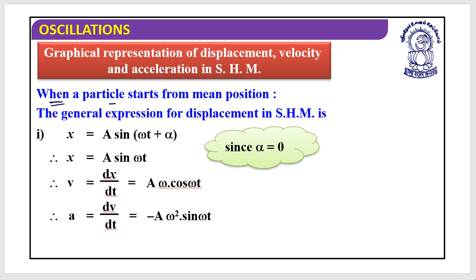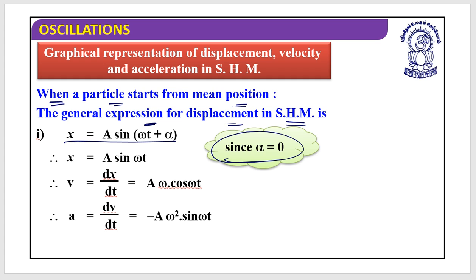When a particle starts its motion from the mean position, the general expression for the displacement in SHM is x = a sin(ωt + α), that we know.